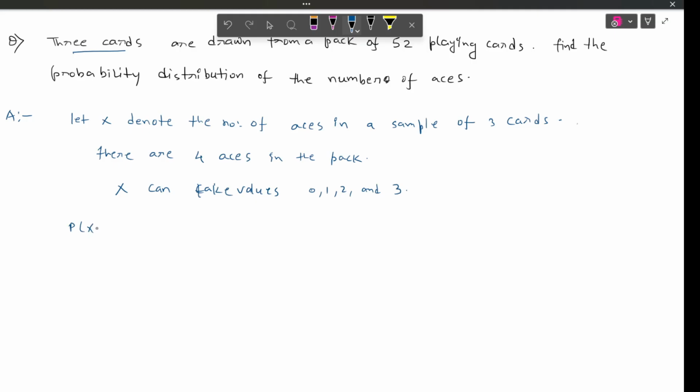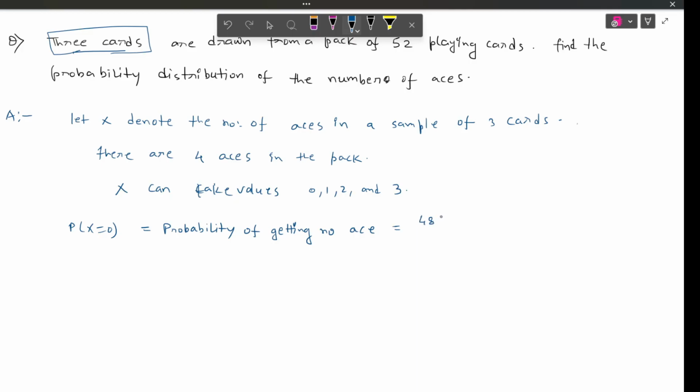So we can say the probability of X equals 0, that means you are taking 0 aces. This is the probability of getting no ace. You are taking 3 cards, but no ace is coming, that means the other cards are coming.